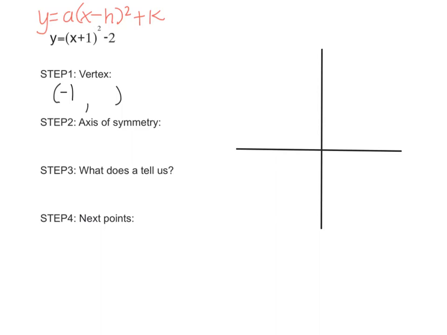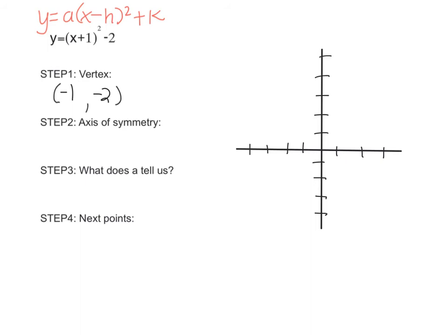All right. And then we go on and we look at the y value or the k value in the equation that's given, and that is the y value of our vertex, and that happens to be -2. So I am graphing the point -1, -2. Now, I actually think it would be better to have the axis of symmetry at the same time as the vertex.